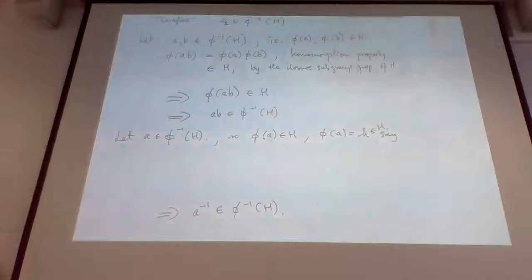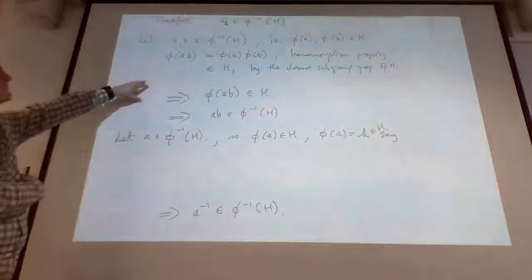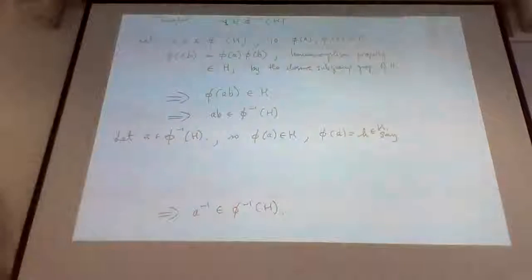Now we're still proving it's a subgroup. Remember, for a subgroup you have to show it has the identity, is closed, and contains inverses. So I'm just doing the last part. The first one was the identity, the previous one was closure.